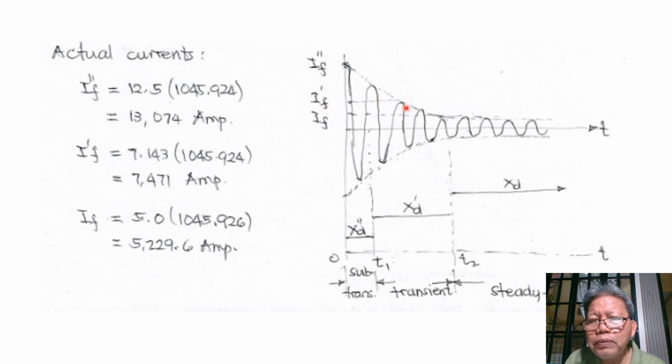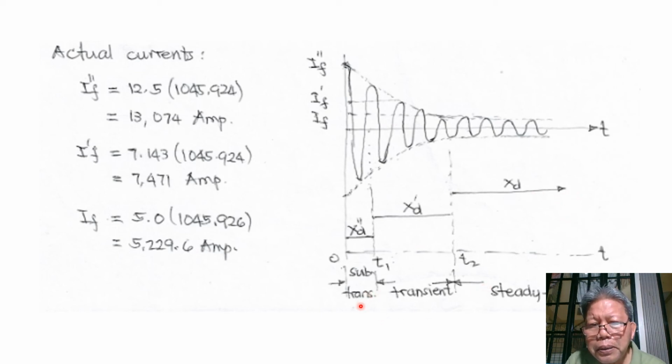Now from 12 cycles to 120 cycles, the fault current has stabilized to this level. So the fault current here has remained constant, and we call that the steady state fault current IF, with synchronous reactance XD of our generator.